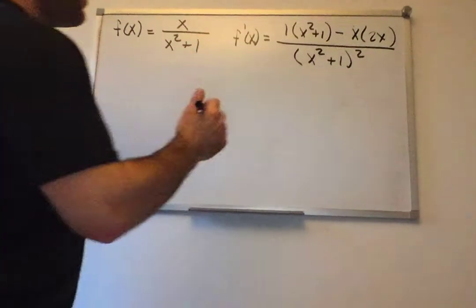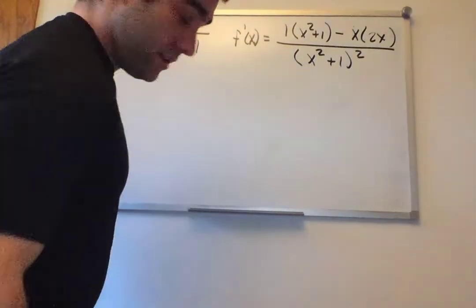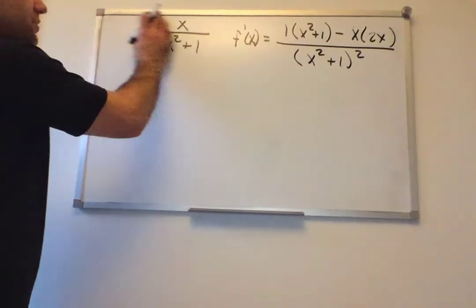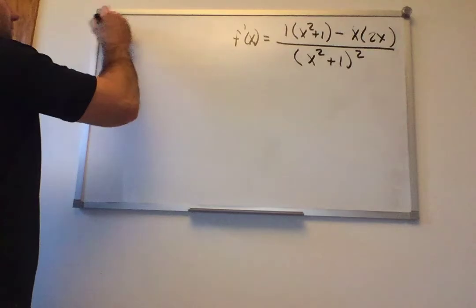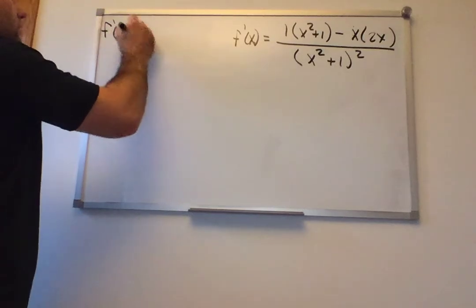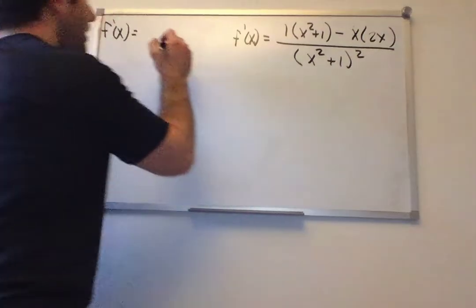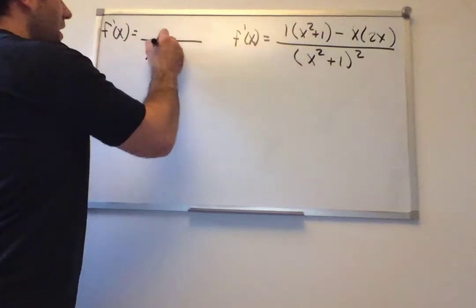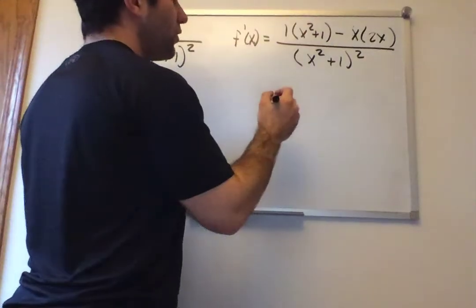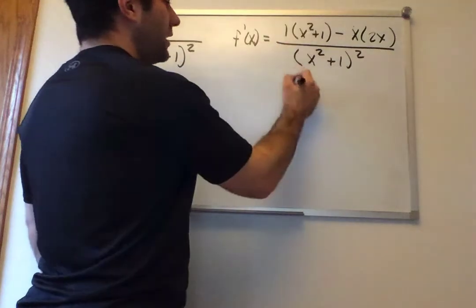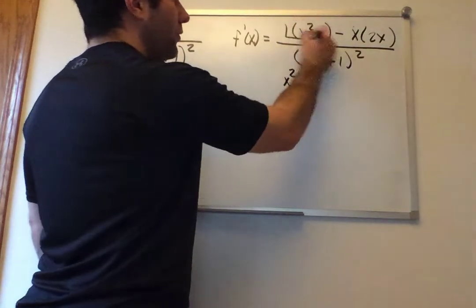So let's go ahead and simplify this a little bit. And again, there's our original function. We don't need our original function beyond this. We just need it initially so we could find the derivative. So on the denominator, we're going to have x squared plus 1, all of it being squared. Let's look at the numerator. So we got an x squared plus 1 from right here.